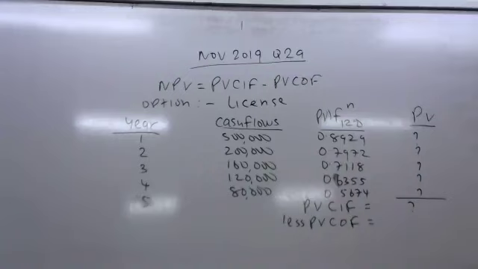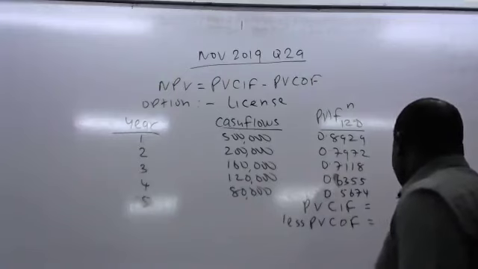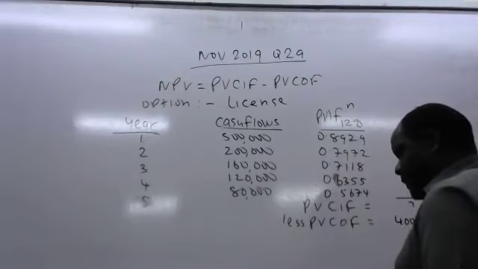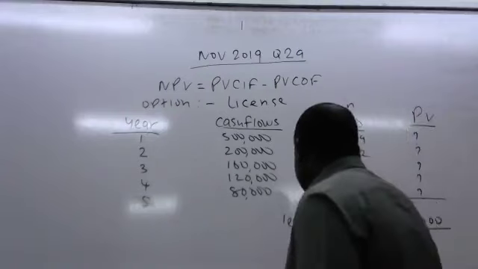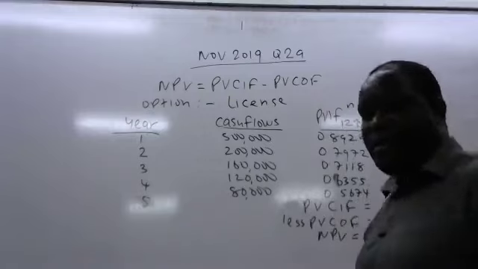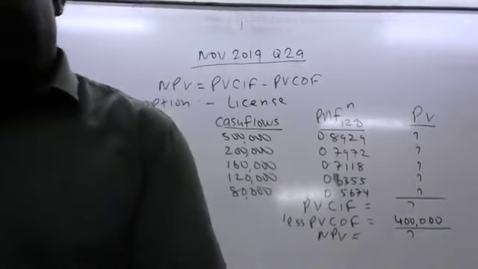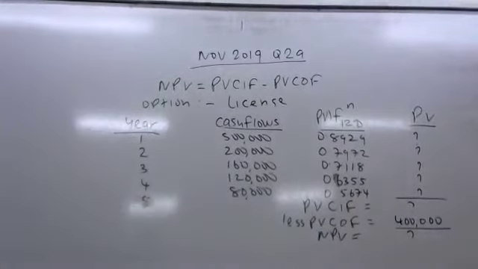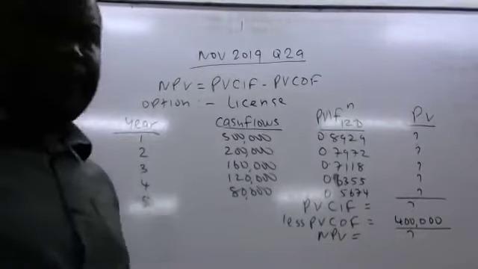The present value for the cash outflows is simply 400,000, so that you come up with the NPV of the license option.